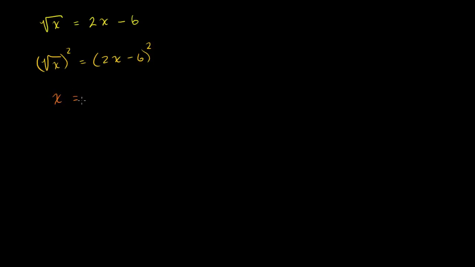And we get x is equal to, this squared is going to be 2x squared, which is 4x squared. It's 2x squared, the whole thing. 4x squared, and then you multiply these two, which is negative 12x, and then it's going to be twice that, so minus 24x. And then negative 6 squared is plus 36.